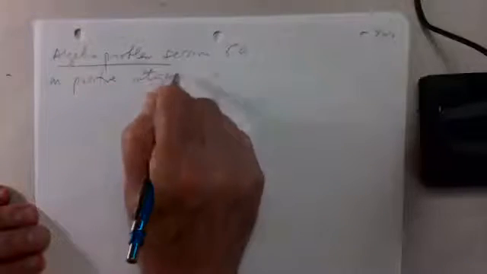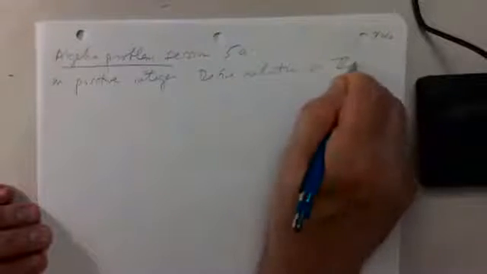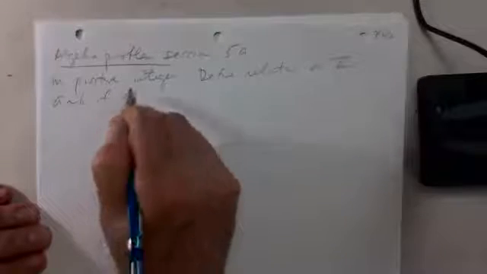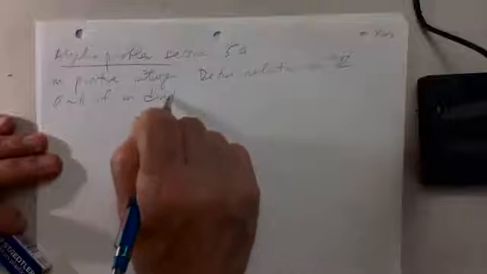So I think what you're asking about is the following question. It says m is a positive integer, and we define a relation on Z as follows: a is related to b if m divides a minus b.